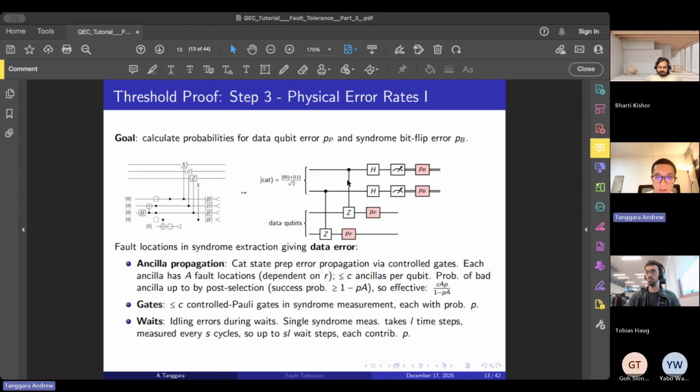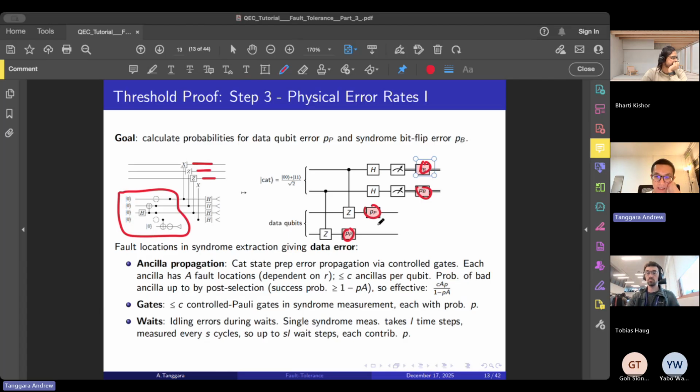So here we want to map this local stochastic noise to bit flip errors and physical qubit errors, and that could come from errors in the ancilla preparation. This is the cat state preparation circuit, and that could propagate to the data qubits.